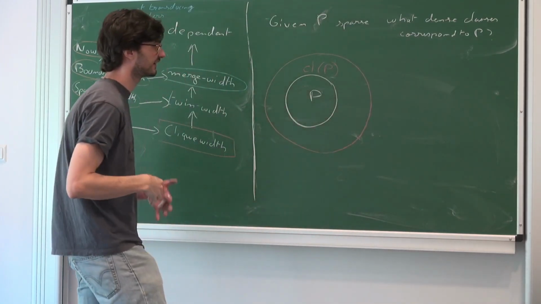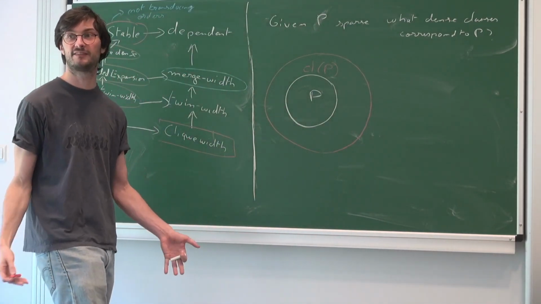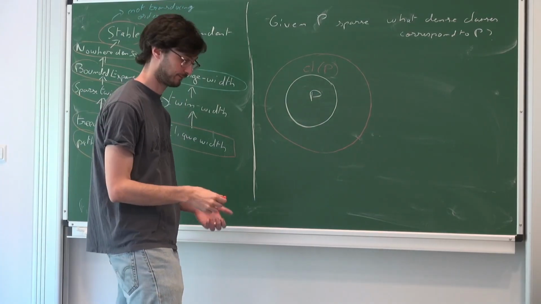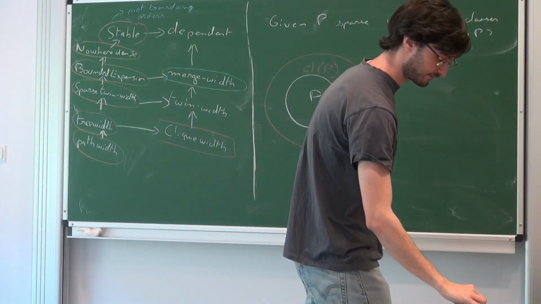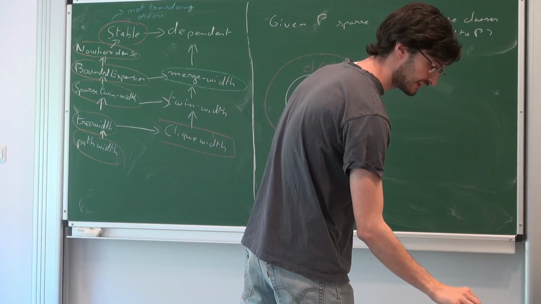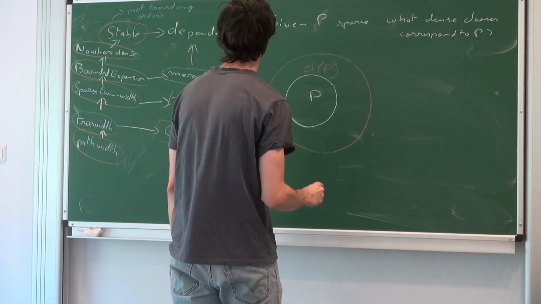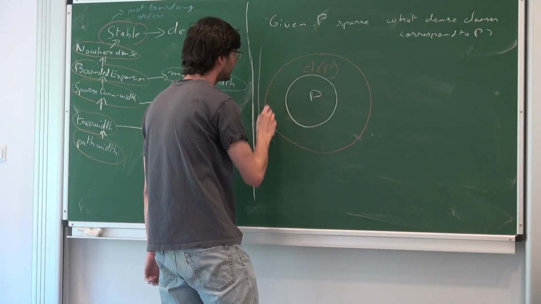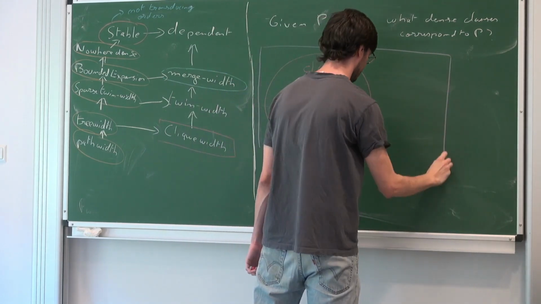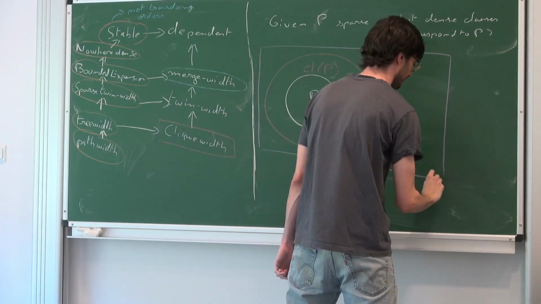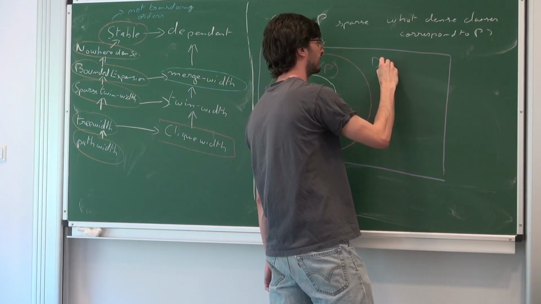So the closure is any class that you can obtain by applying a transduction to P. But you could define a way more general set of classes, so this is the dense analogue.